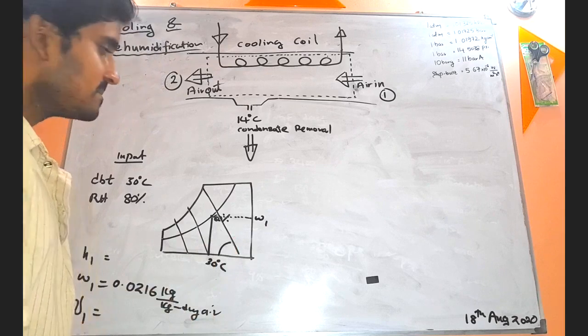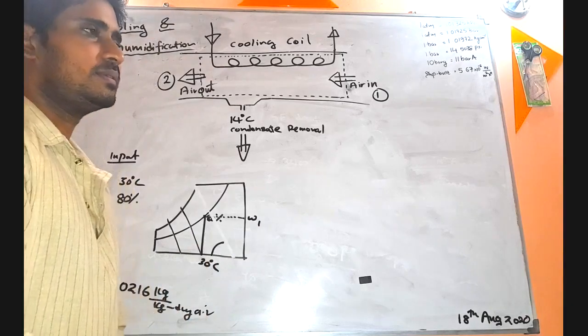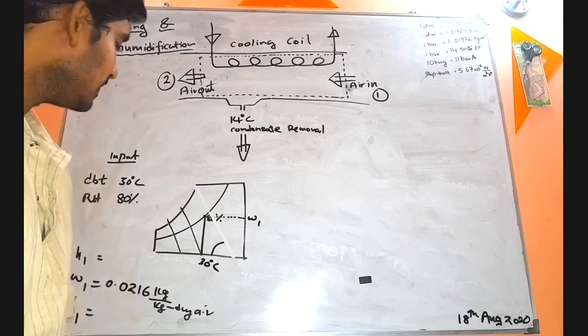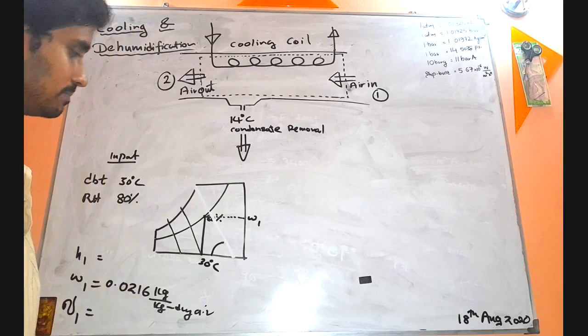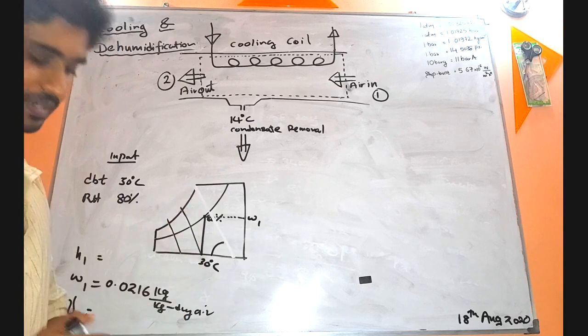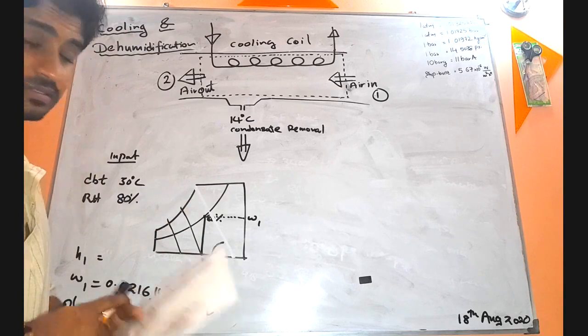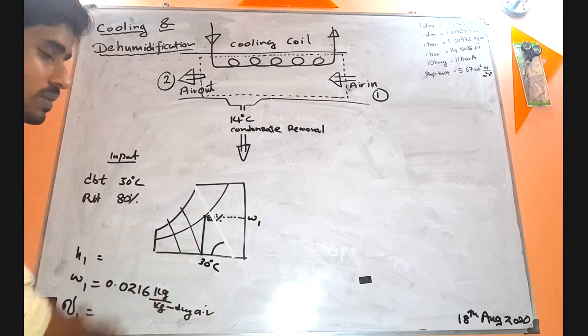Definitely when solving a real problem, you will never get a line that exactly passes through that point of intersection. So you have to be very careful, and that is why it is strictly advised to use the ruler.